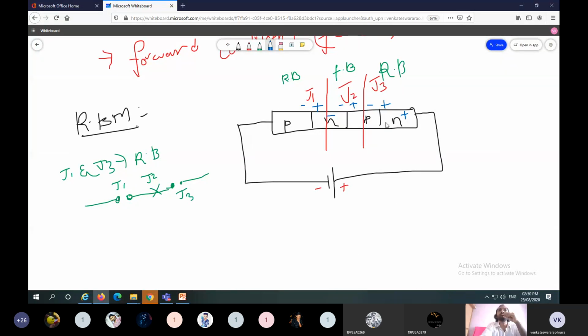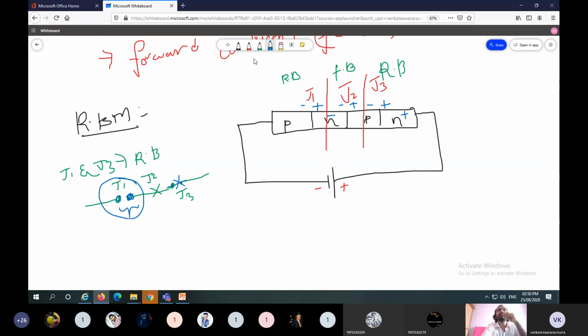The blocking capacity for the input voltage is taken by junction J1. So this is the operation of the SCR during reverse blocking mode.